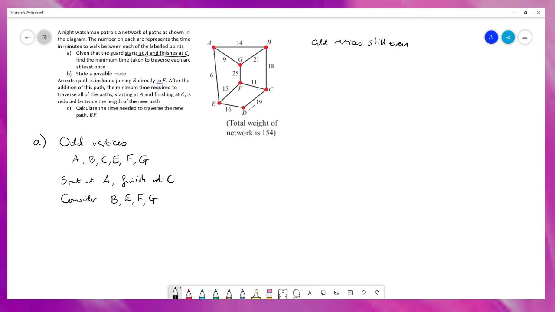Well, now we've got 4 odd vertices. This is just a case of doing the Chinese Postman algorithm as normal.